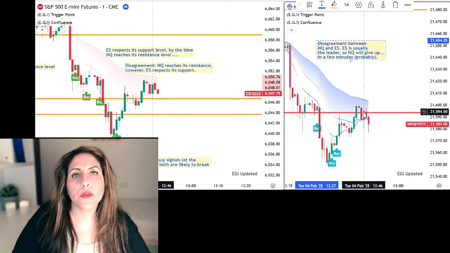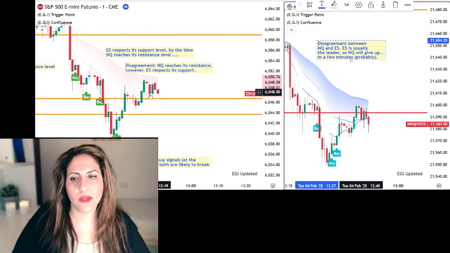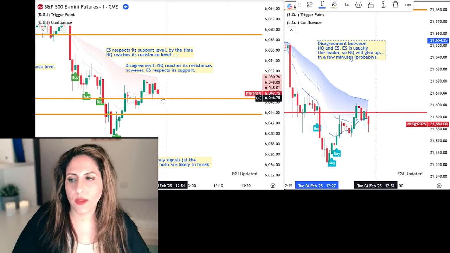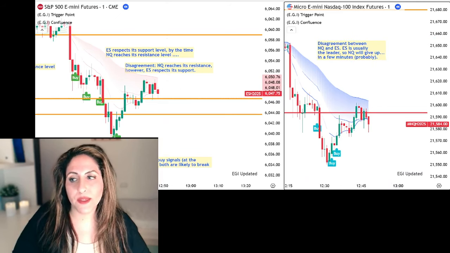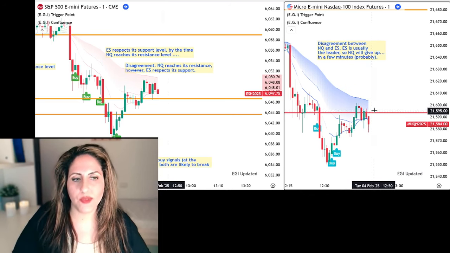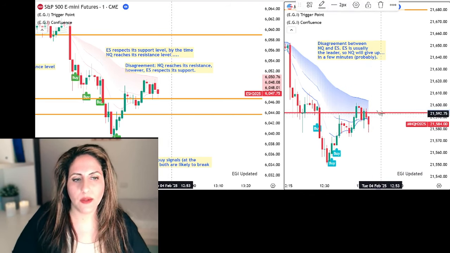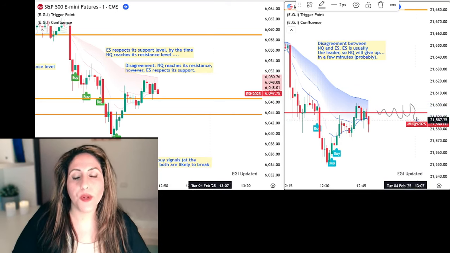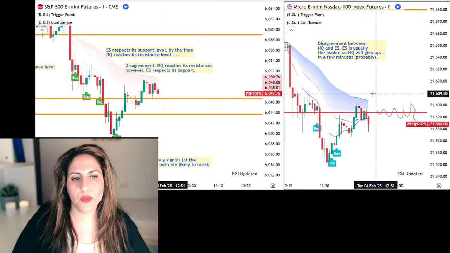When NQ is trying to respect its resistance level and we see a strong reaction of ES off its support level, what we expect the market to do in this case is exactly what we don't like to see, this behavior. NQ is about to cross the level to the up and to the down, to the up, and these are cases where most accounts are blown.